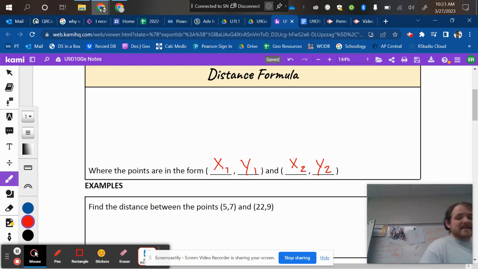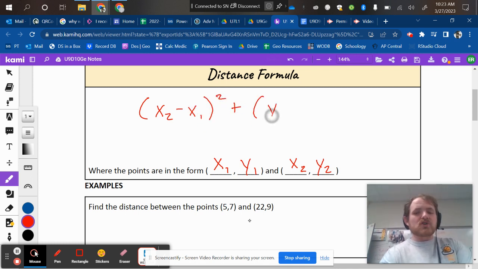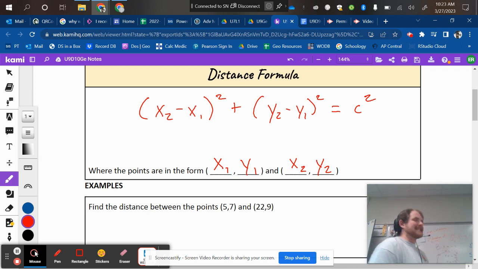And the way you would get the side of a triangle when you're on that coordinate plane, you would subtract those x values and you would subtract those y values. And you would get that Pythagorean theorem shape to it. And then to get that C alone, you would actually have to square root both sides.